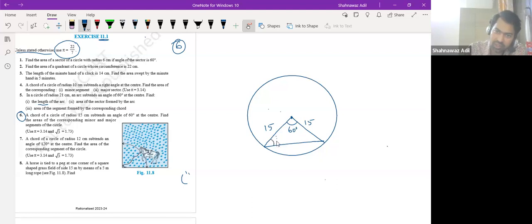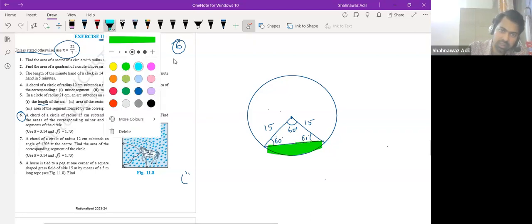So we know that this would be 60, this would be 60, and we have to find out the corresponding minor and the corresponding major.